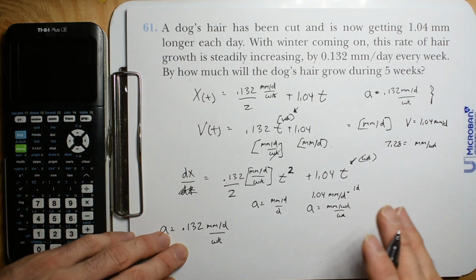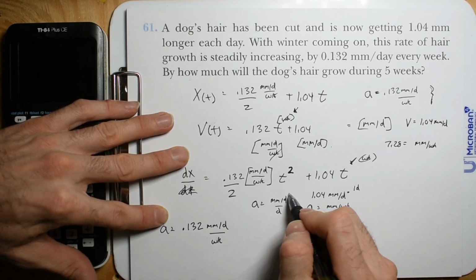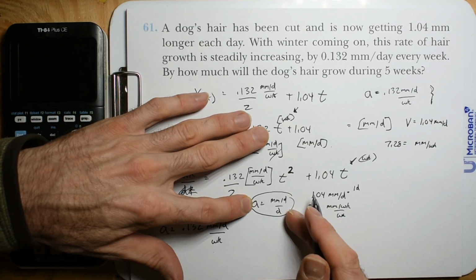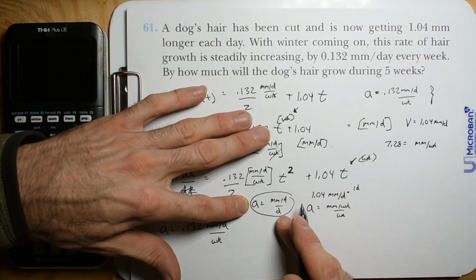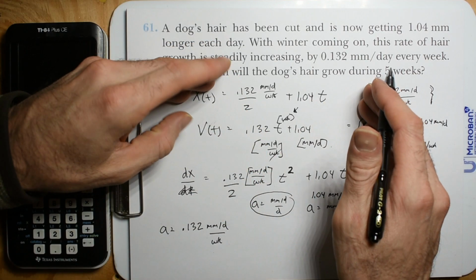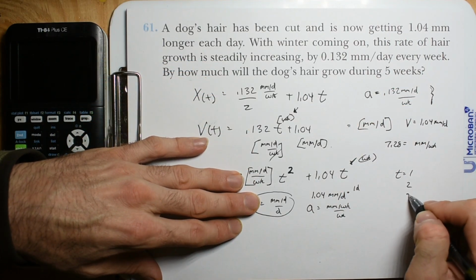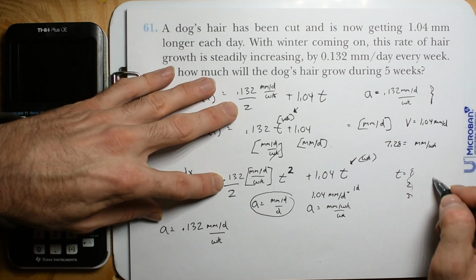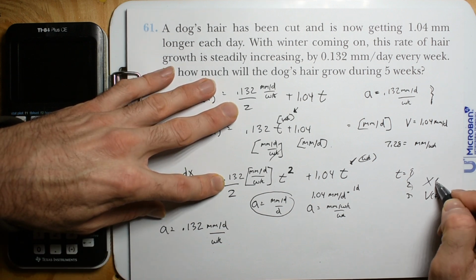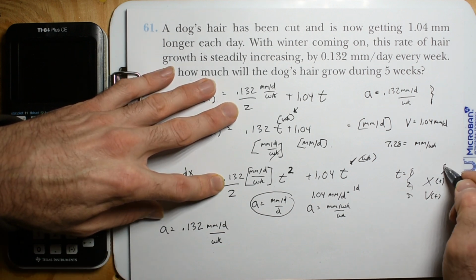And we want it to make sense. And I think the best thing to do is just acceleration in millimeters per day, because then we'll have an equation where we can put in time as 1 day, 2 days, any day, and get our position and velocity as a function in days.